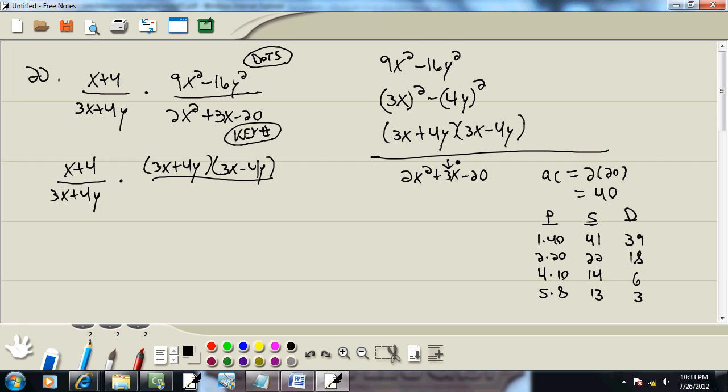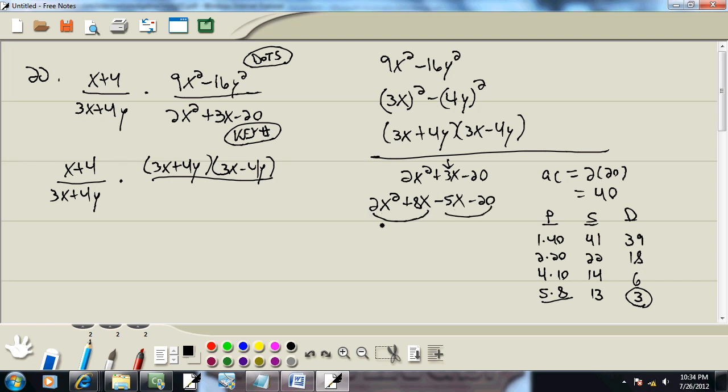The number we're looking for is the number in our middle term, which is 3, which is right here, which means we use 5 and 8. And with the key number, we rewrite our middle term using those two numbers. The larger number in our P column, which is 8, is always going to be the same sign as our middle term, which is positive. Now, the number is circled in the D column, D for different signs. So if the 8 is positive, then 5 will be negative.